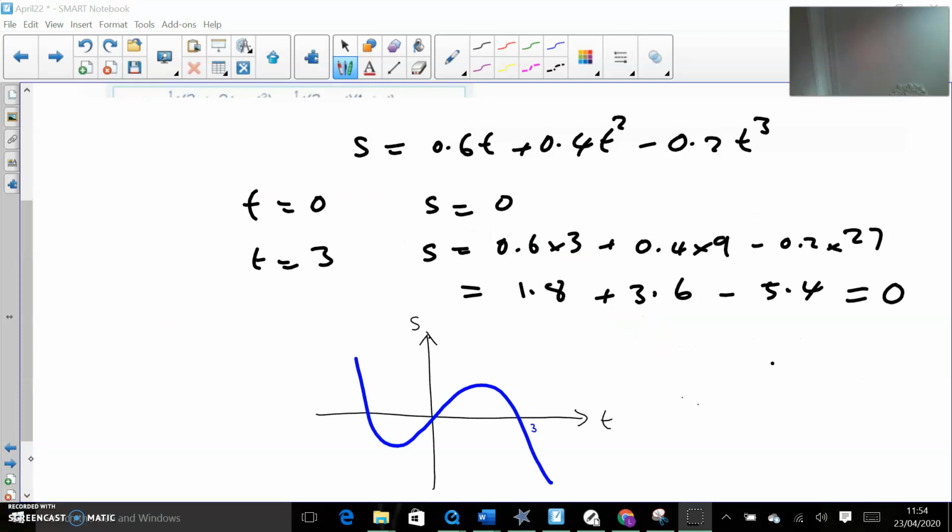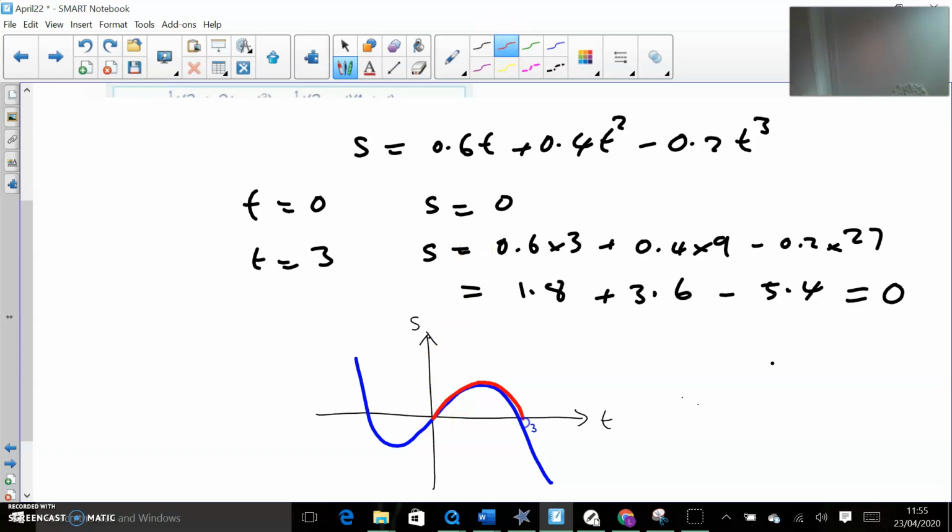Now, if we were to sketch the graph of s against t, where we have s on the y-axis and t on the x-axis, it's a cubic which has a negative t cubed term, so it has that shape, and we know that it passes through 0, 0 and 3, 0, so it looks like that. s is distance, s must be positive, t is time, which is positive, and so we only have this little bit here.